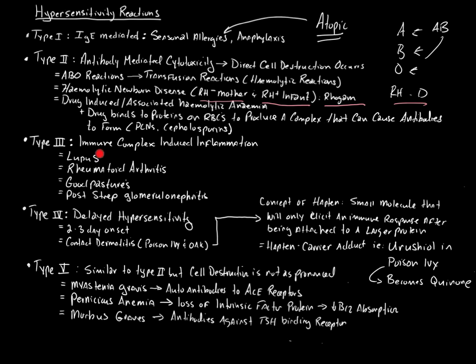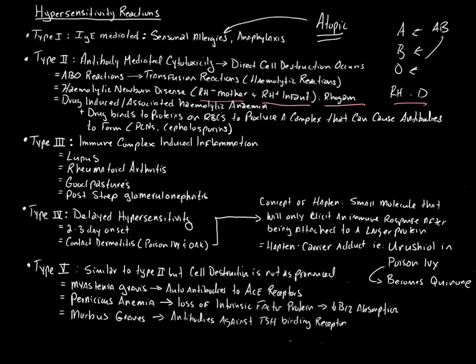Problems such as lupus erythematosus, or what we call lupus, rheumatoid arthritis, Goodpasture syndrome, post-strep glomerulonephritis, which is an inflammation of the glomeruli and the nephrons of the kidneys. All of these disorders fall under the umbrella of type 3. These are immune complex induced inflammatory problems.